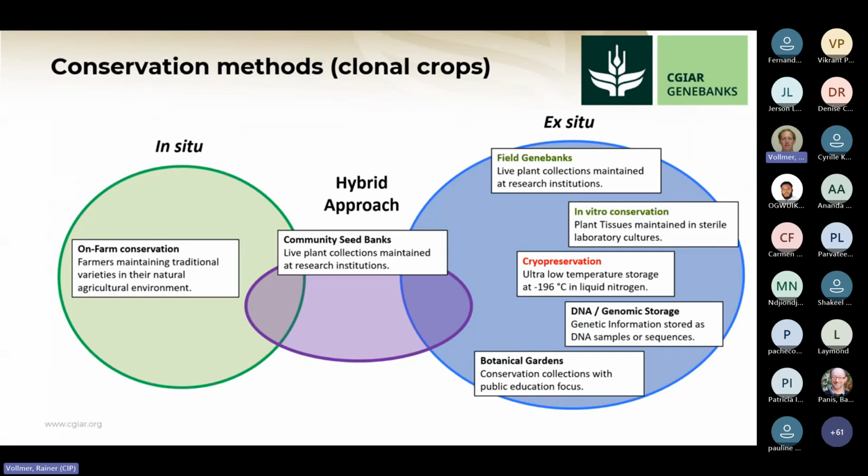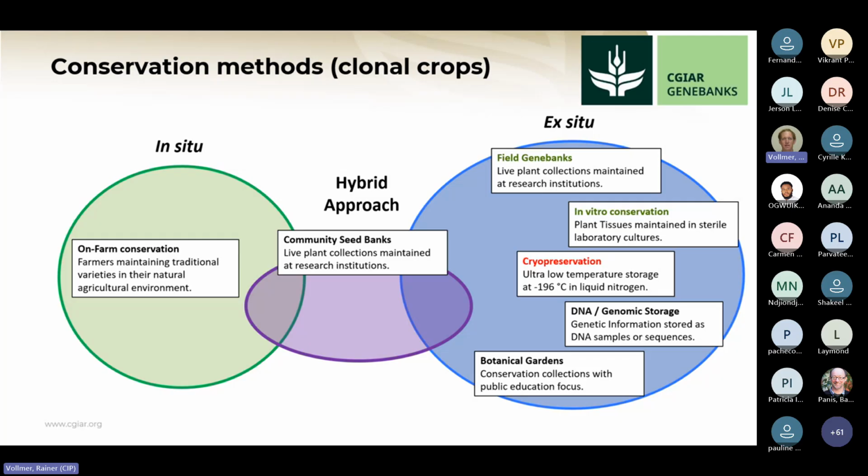Also, as Bart mentioned, for clonal crops we have 2 different conservation methods. One is in situ and the other is ex situ, and then some hybrid approach. You can see in situ is on-farm conservation. The hybrid approach is community seed banks.